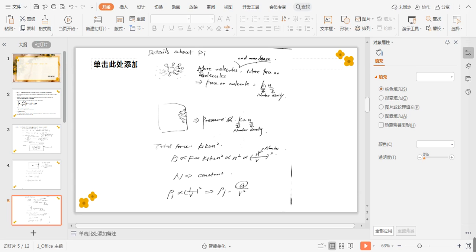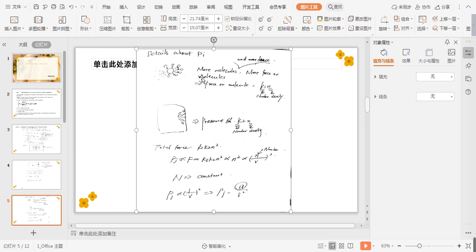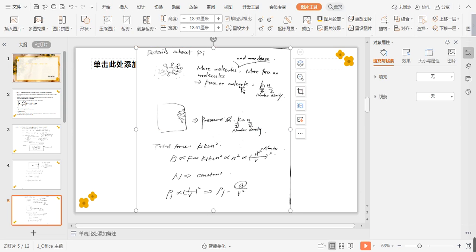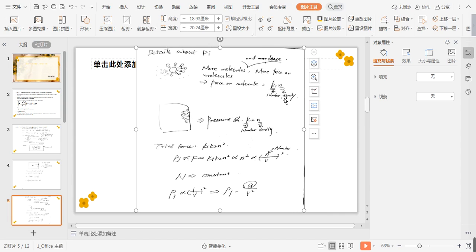There's one molecule here, but there are also molecules around it. The more molecules around this molecule, and the denser they are, the larger the force on this molecule becomes. So it is closely related to the density, and this is a constant.